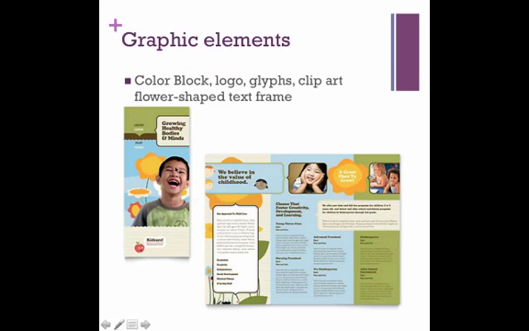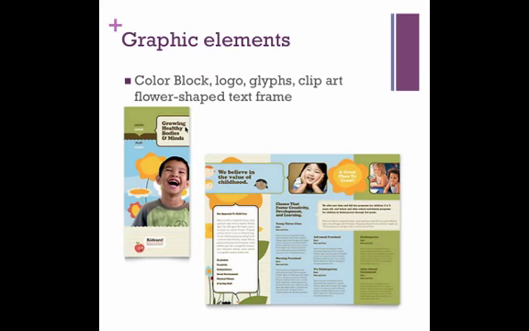A color block is just a block of color that separates the rest of the document from, for example, the main image. So this lime green color block provides a background for the title, Growing Healthy Bodies and Minds.